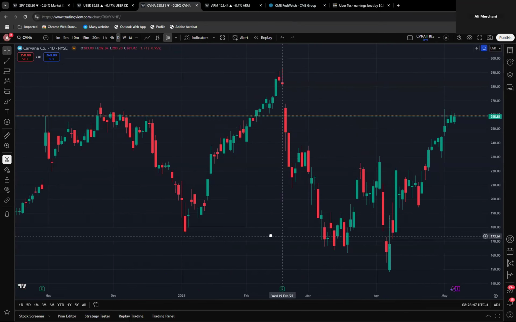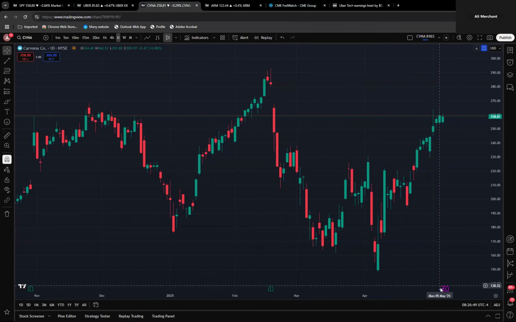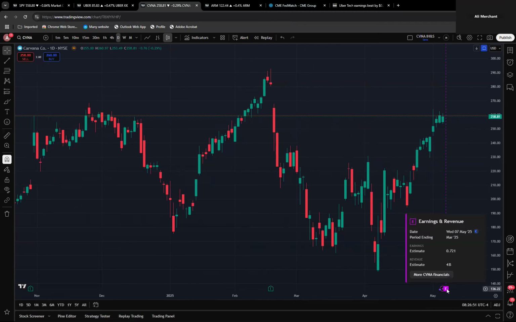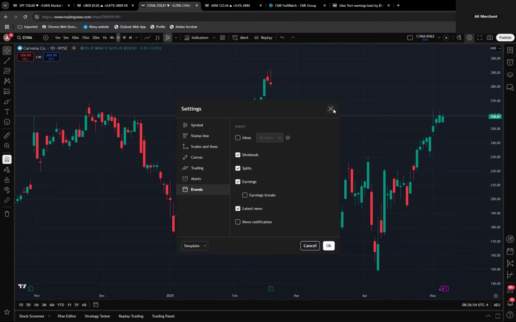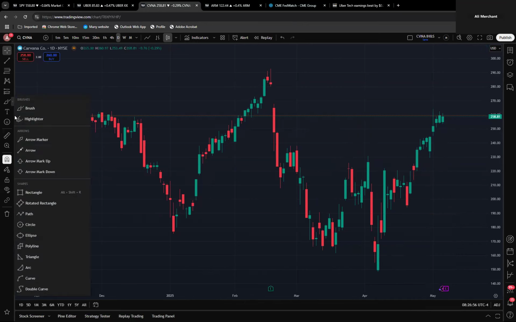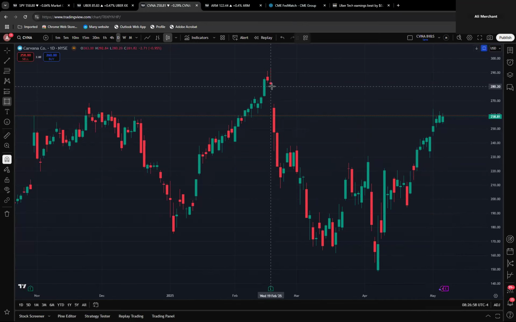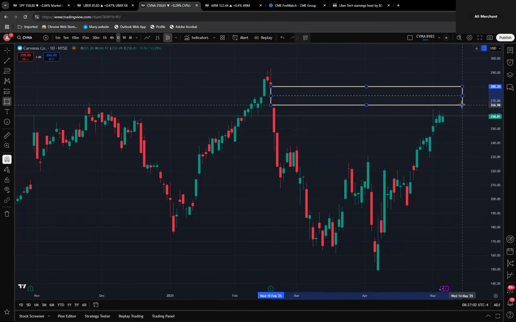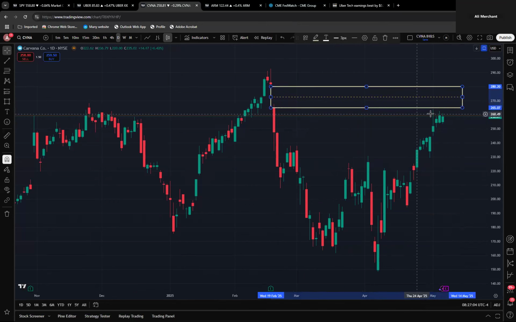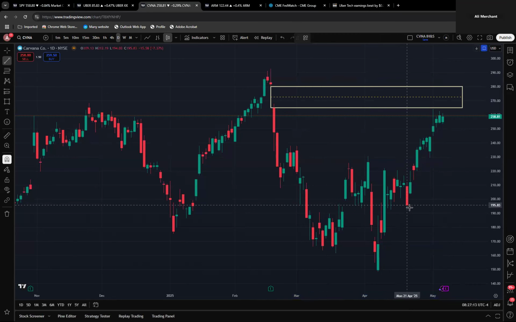Let's look at CVNA quickly. We have post-market earnings after the market today. CVNA has a large price gap here, and this is the daily chart. We have almost tested this level. Unless we break 265 post earnings, we are going to be in a range, and we have a rising trend line coming here.